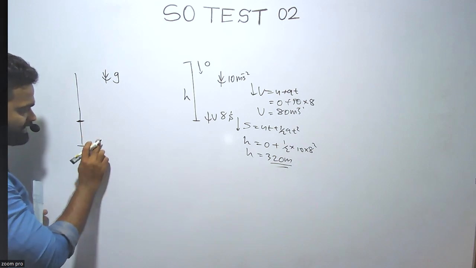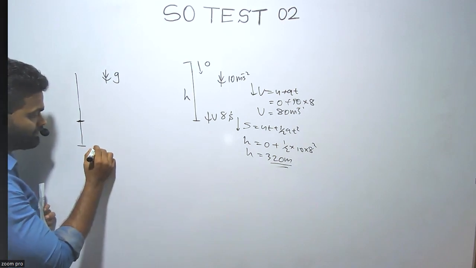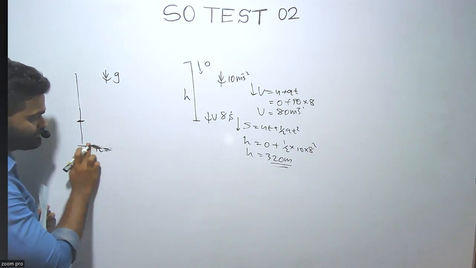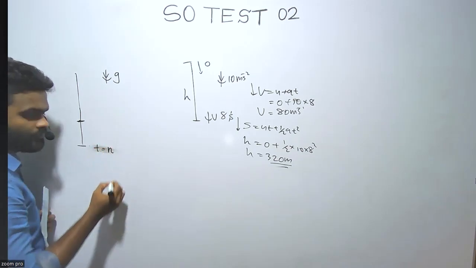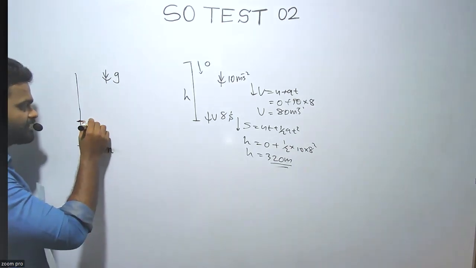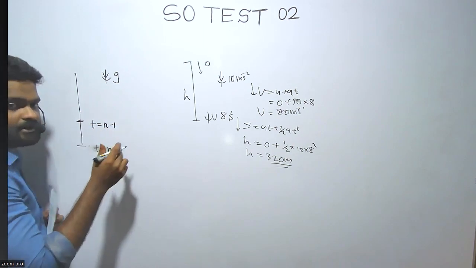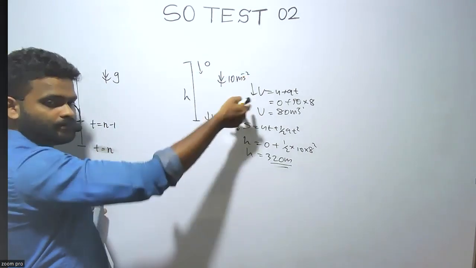So distance within the nth second means, let's say this is t equals n seconds. Within the nth second means between n minus 1 and n, right? Remember that fifth second in the earlier question, fifth second means between 4 and 5.